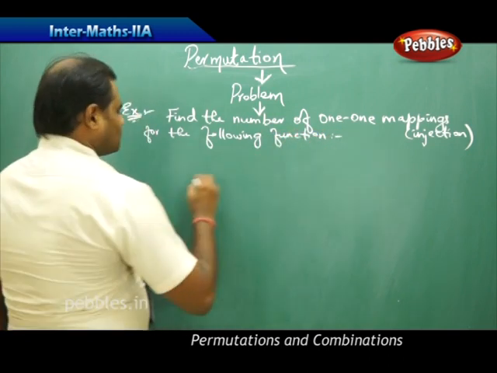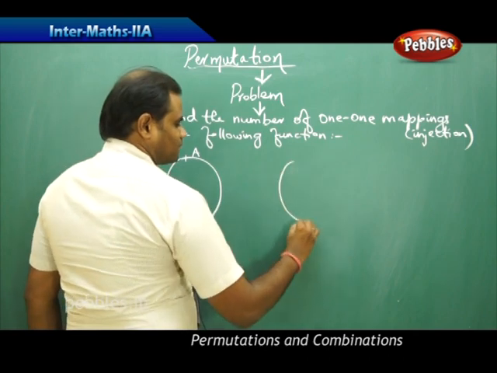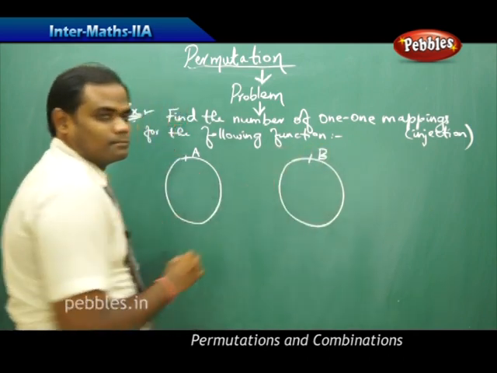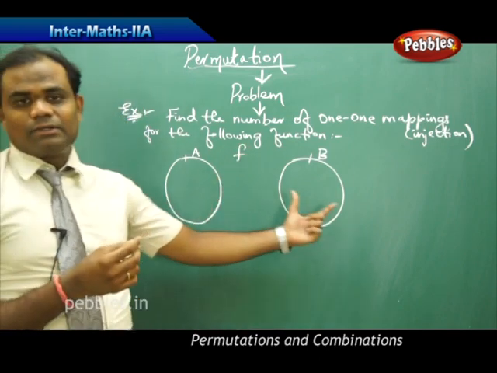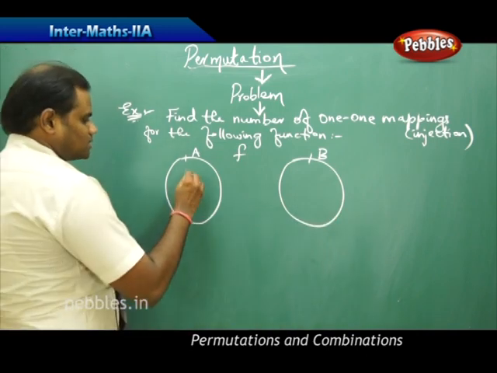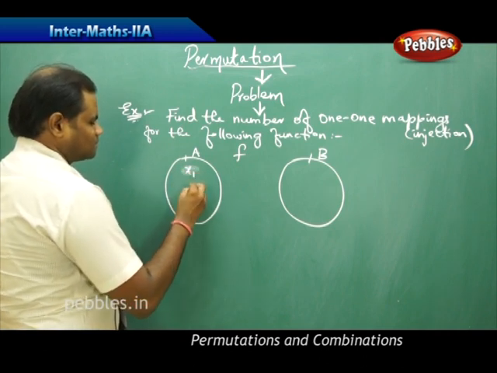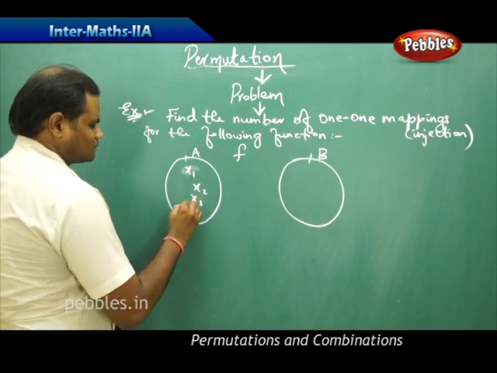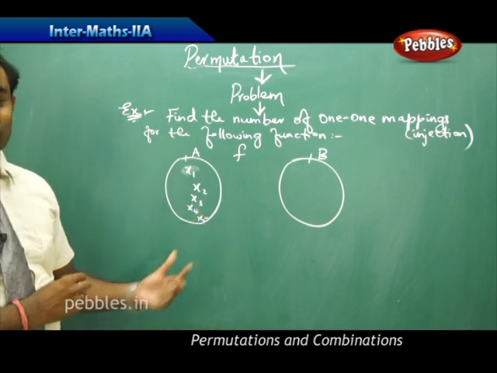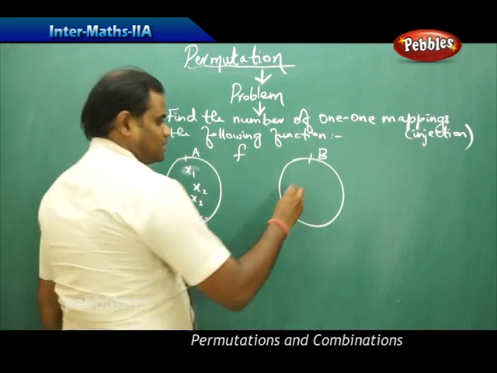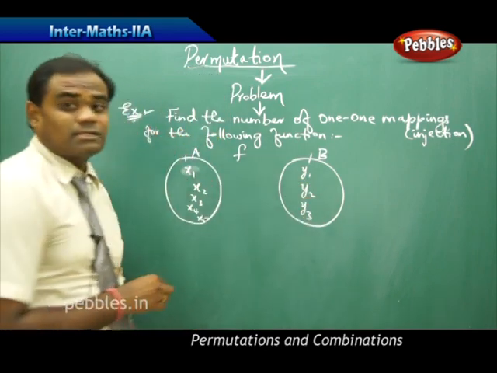Here there are two sets which form a function, set A and set B. I have a function f which is mapped from set A to set B, such that there are five elements x1, x2, x3, x4 and x5 in the first set A, and in set B there are 3 elements y1, y2 and y3.